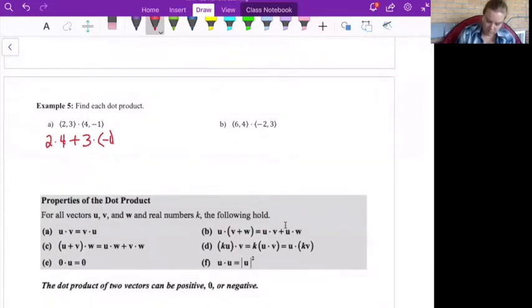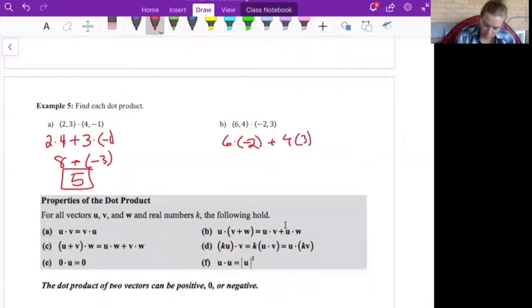And so then this would give us 8 plus -3. So we get 5 as our dot product. And so then with this one, it would be 6 times -2 plus 4 times 3. So then this would be -12 plus 12, which would be 0.